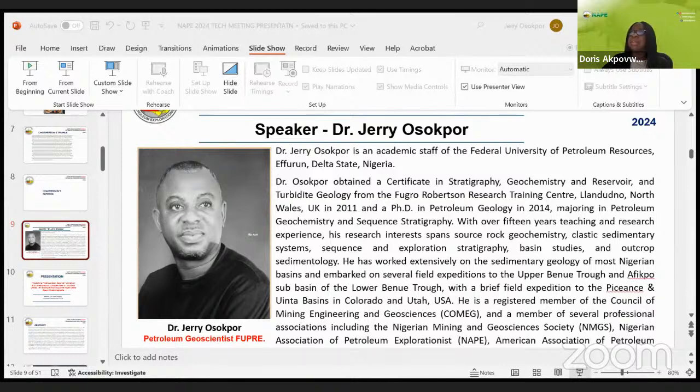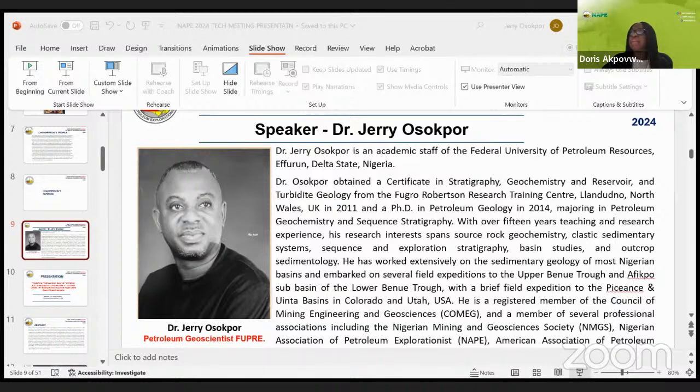He has worked extensively on the sedimentary geology of most Nigerian basins and embarked on several field expeditions to the upper Benue Trough and Afikpo sub-basin of the lower Benue Trough, with a brief field expedition to the Piceance and Uinta basins in Colorado and Utah, USA.